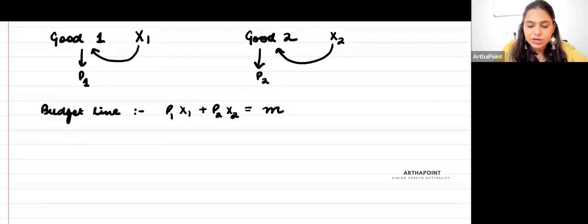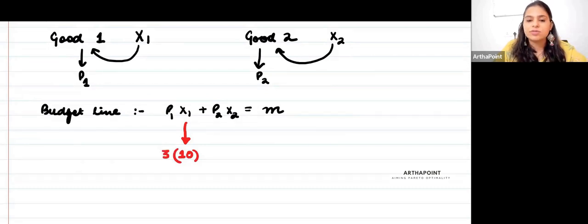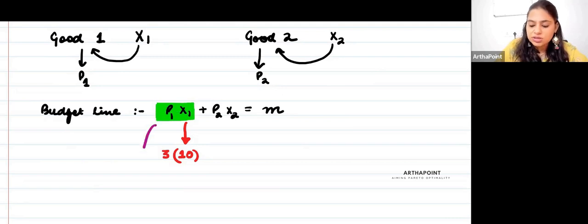Let's see what we have done. We are saying that X1 is the number of units I consume of good 1. Suppose I consume 10 units of good 1. P1 is the price of each unit. Let's say the price of each unit is 3. Then P1 X1 is going to measure the expenditure on good 1.